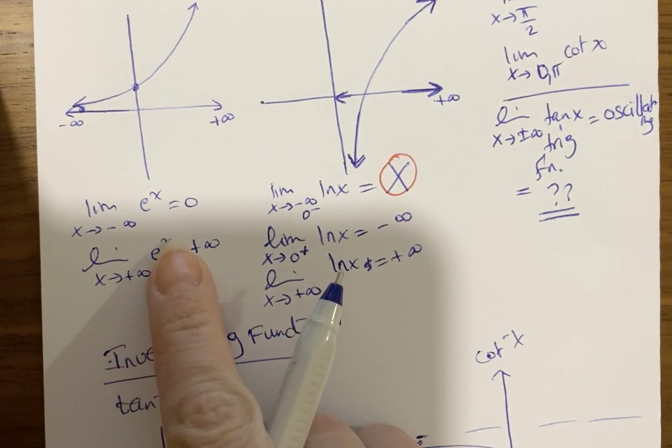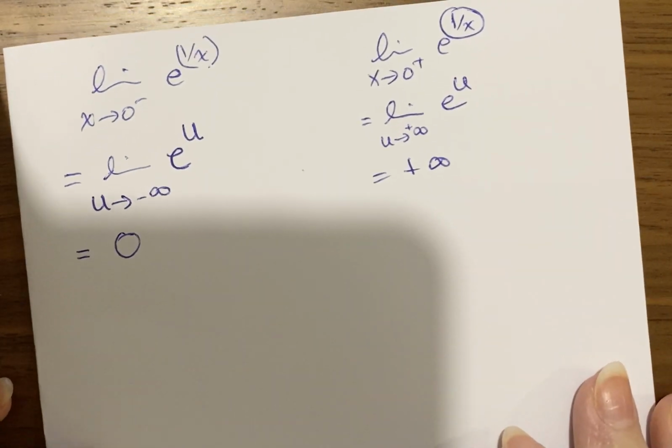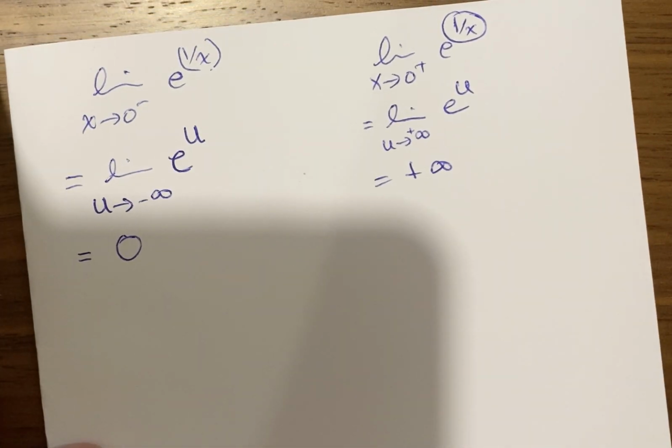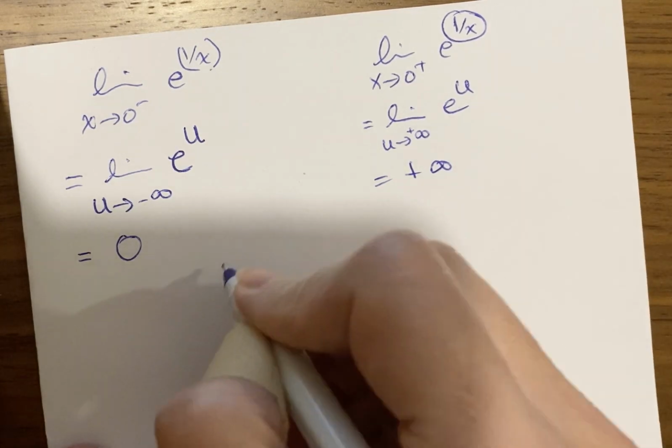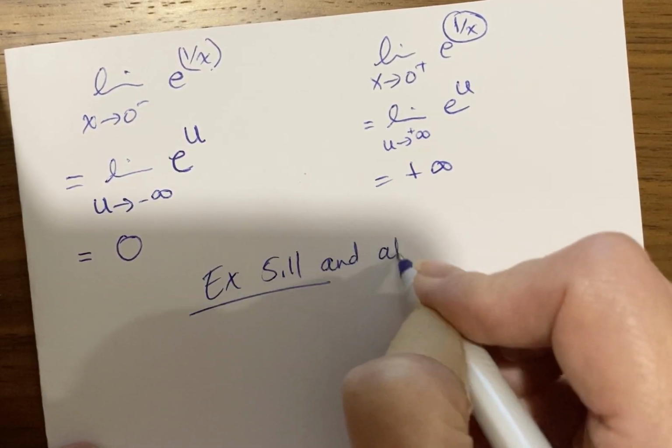At plus infinity, e^x goes to plus infinity. So this goes to plus infinity. So this is the idea. You have to do composite functions.